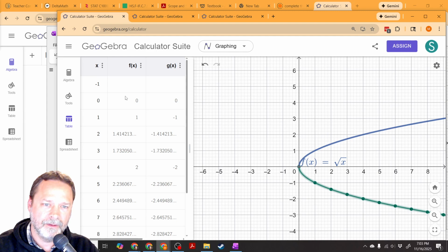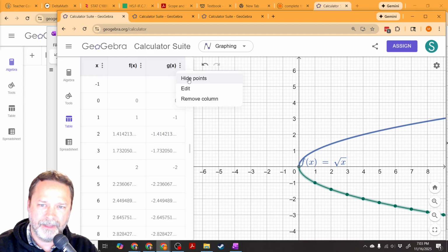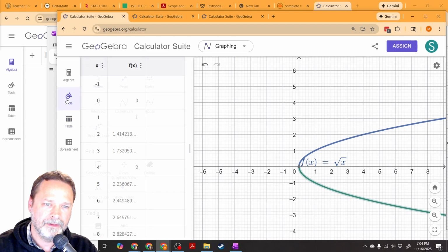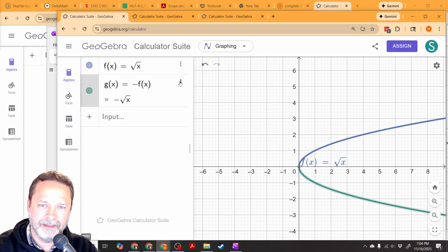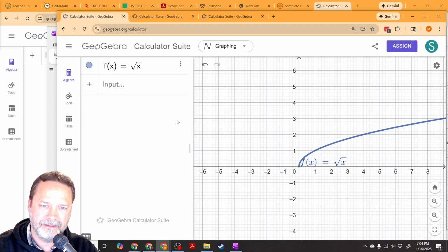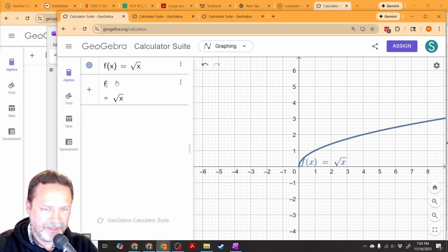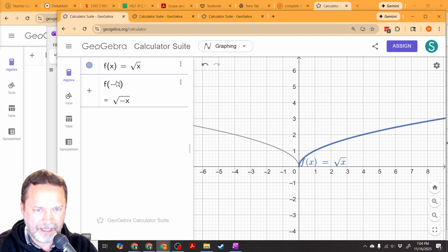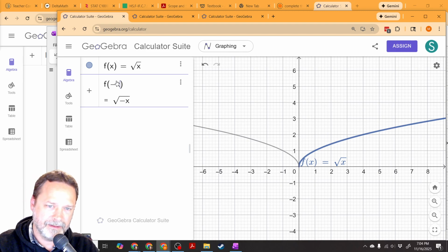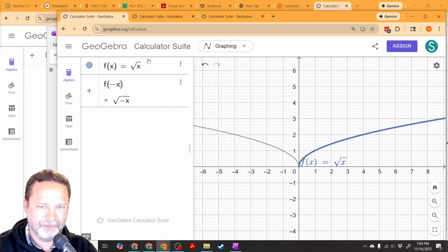Let's see here. What else could we do? The other one we had was f of negative x. Let's take a look at that and see if this can make sense to us. In this case, we're changing x to negative x.